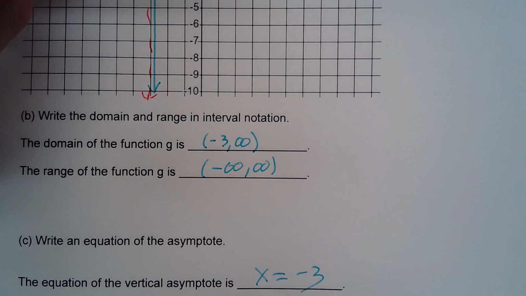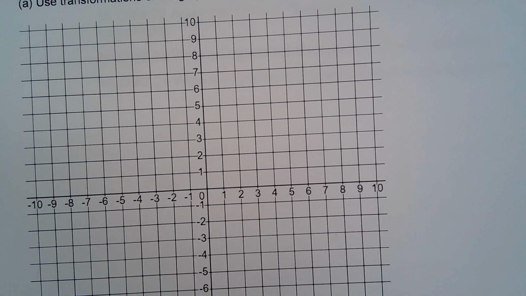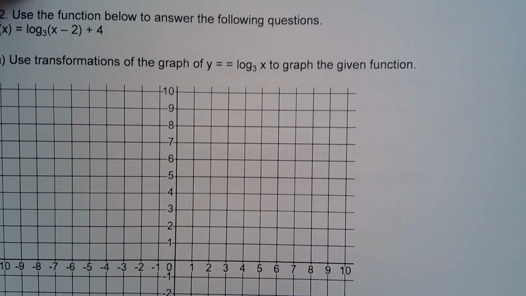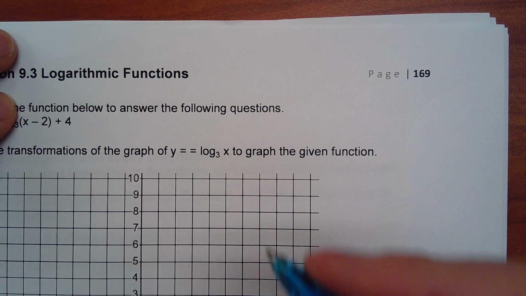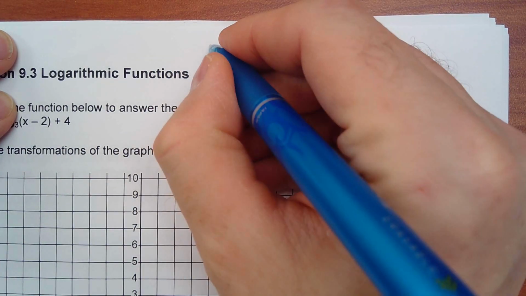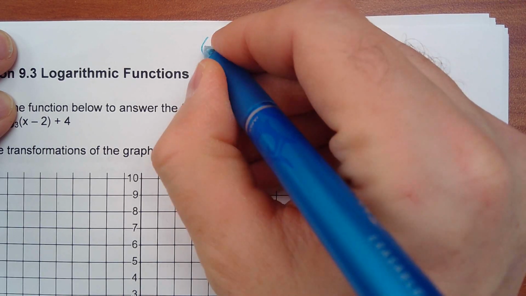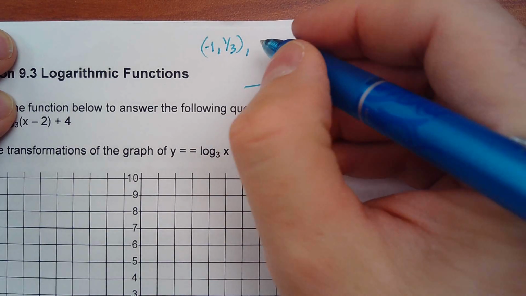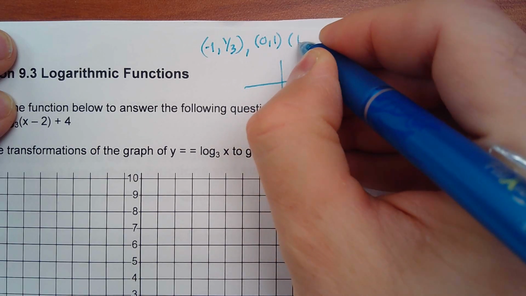All right, let's go and try another one. So this is log base 3. Again, kind of the same idea. I'm going back to thinking about my exponential first. So my anchor points are going to be negative 1, comma 1/3 on my exponential, 0, 1, and 1, comma 3.